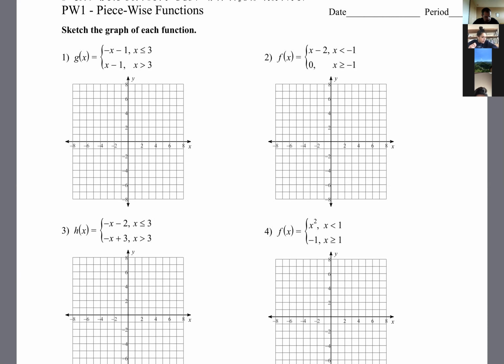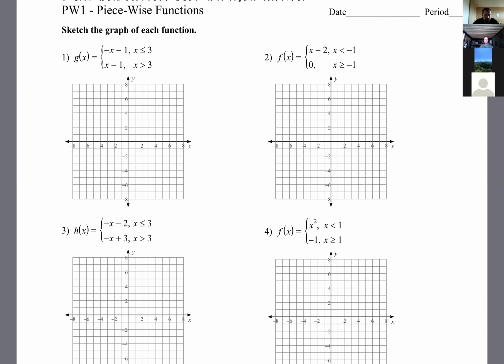Why isn't it showing up? Is it showing up on your screen? No, I can't see anything. It's dark. What's going on? All I see is the worksheet. Same here, no writing though. That's a yikes.